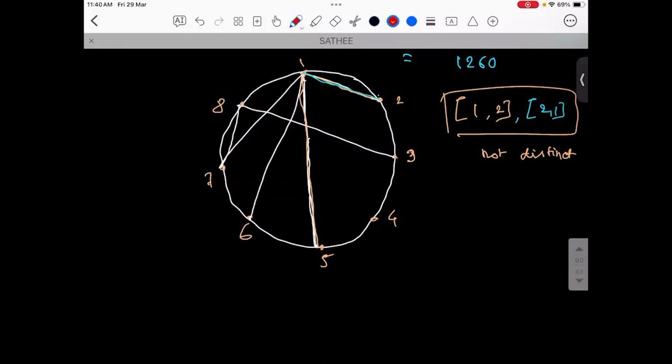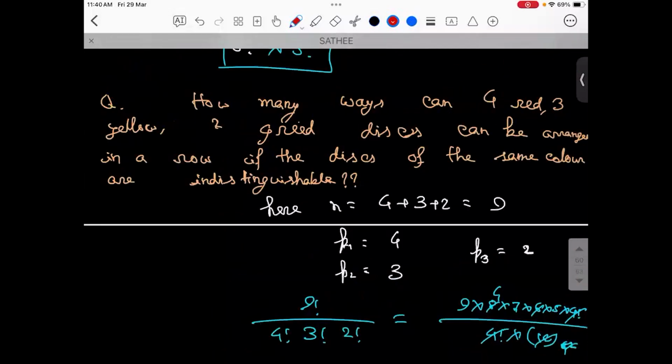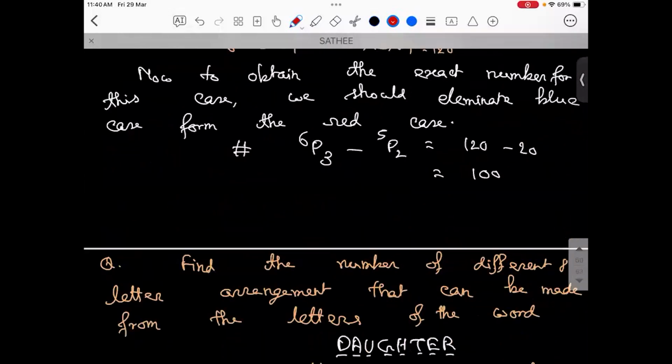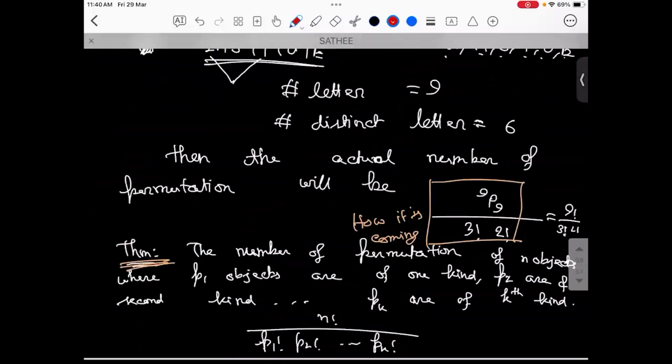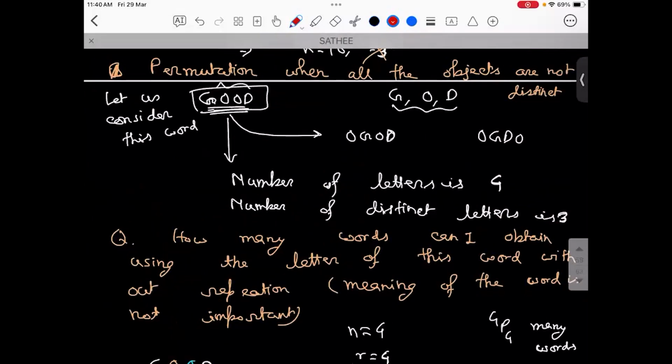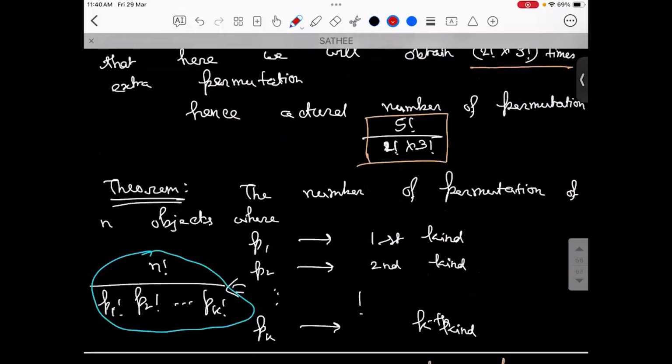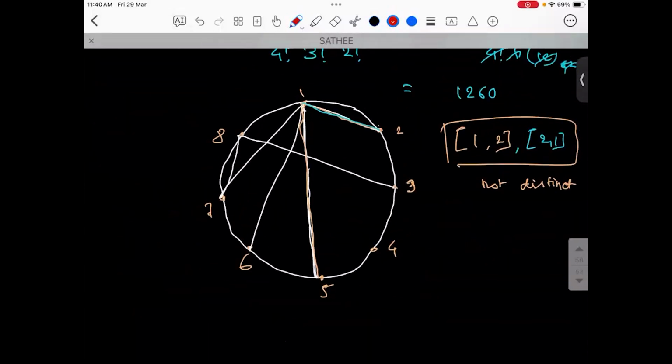So we have discussed this phenomenon, that when the repetition is indistinguishable, then they are not distinct, right? This thing is known as combination. In case of combination, we are considering the similar kind of objects as one element or one case.